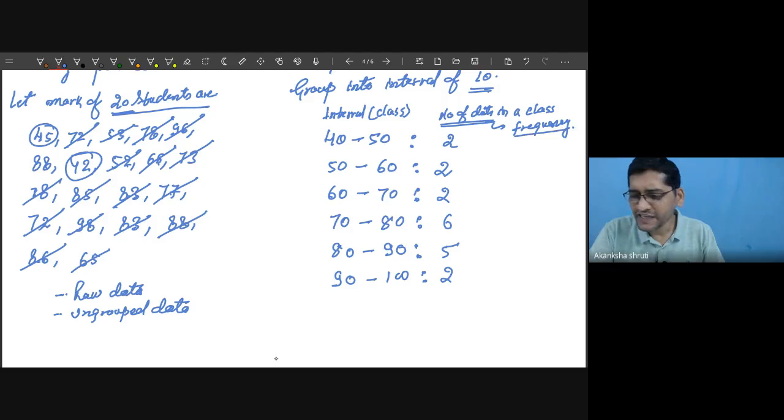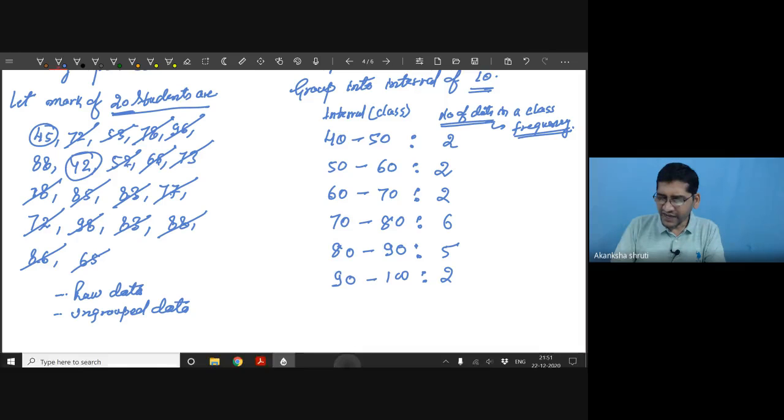So in group data we are coming across different terms. One is called the frequency, meaning how many data points fall in that particular interval. The intervals are 40 to 50, 50 to 60, 60 to 70, 70 to 80, 80 to 90, and 90 to 100.